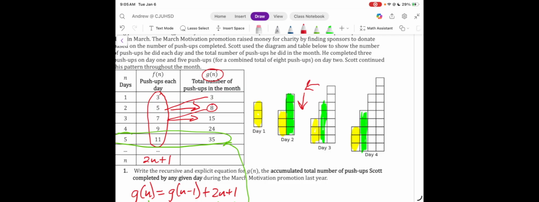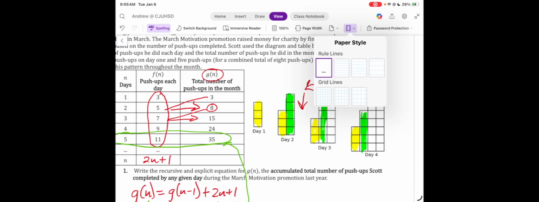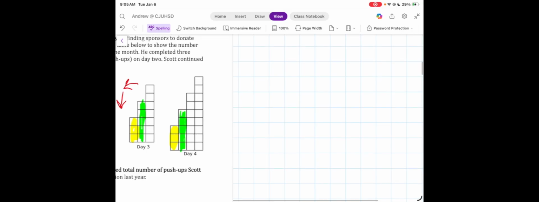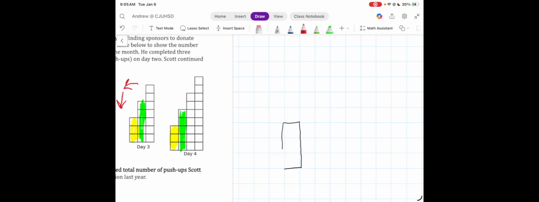So let me show you what that would look like for day 3, for example. So let's turn on, let's do a grid paper style. We'll come over here. And so first I'll make a copy. So we're going to start with 3.